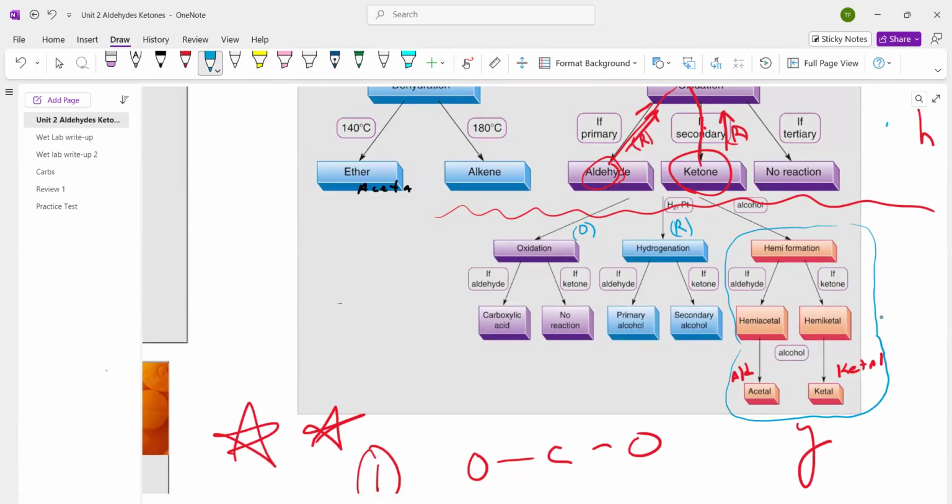And if you add an alcohol to a ketone or to an aldehyde, you get something called a hemiacetal or a hemiketal. And then with the continuation of an alcohol, if it's available, these go to an acetal and a ketal. I don't know why the Y is there.